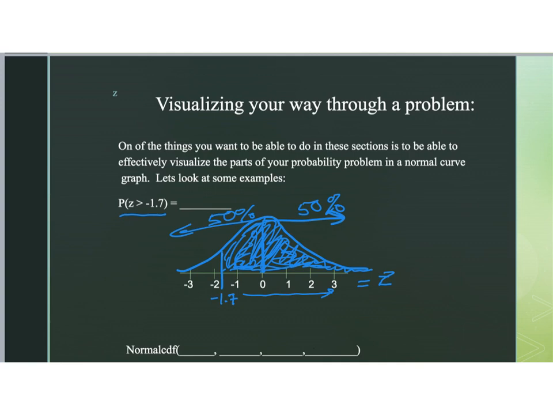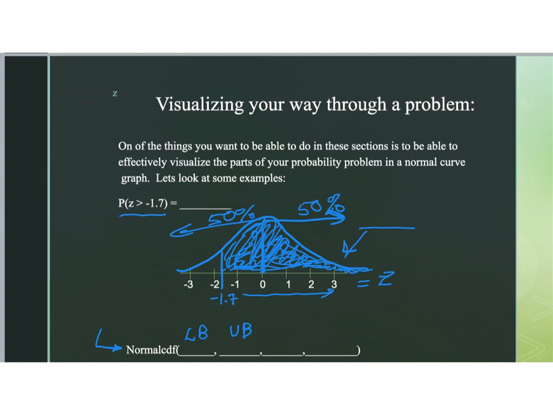Now, because I want to find this area here, normal CDF is the function on my calculator that I want to use to find that. And in normal CDF, we want to put what the lower boundary is, or you can think of it as the leftmost boundary, in first, and then we want to put the upper boundary or the rightmost boundary.